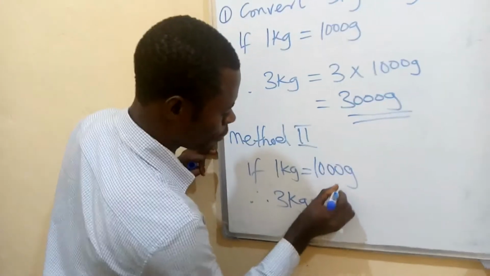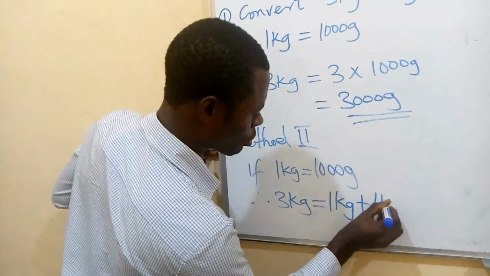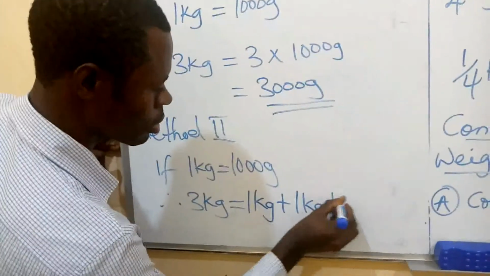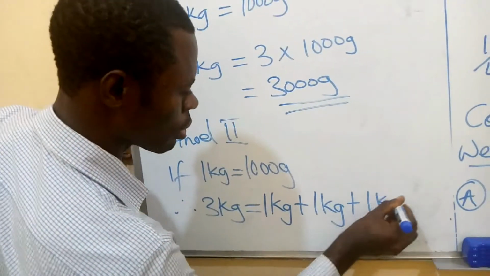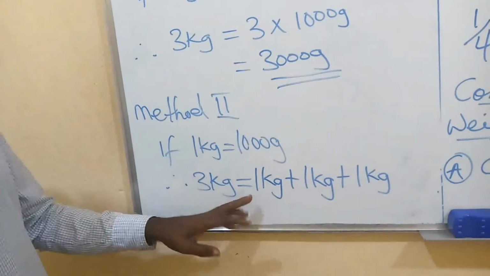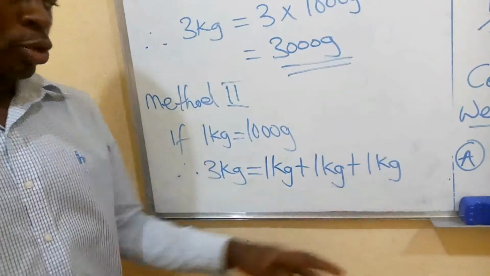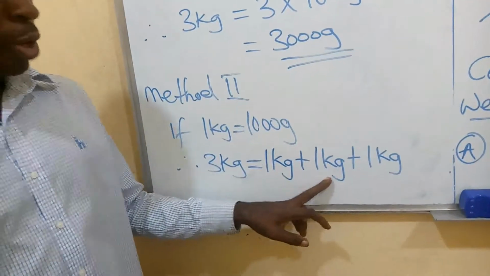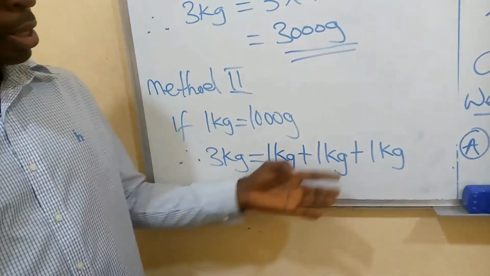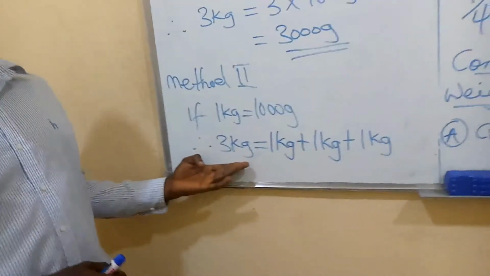You're going to have the first 1 kilogram plus the second 1 kilogram plus the third 1 kilogram. Have you seen? From 3 kilograms, we split it into 1 kilogram each. If you add 1 kilogram plus 1 kilogram, that gives you 2 kilograms, plus another 1 kilogram makes 3 kilograms. We are coming back to 3 kilograms.